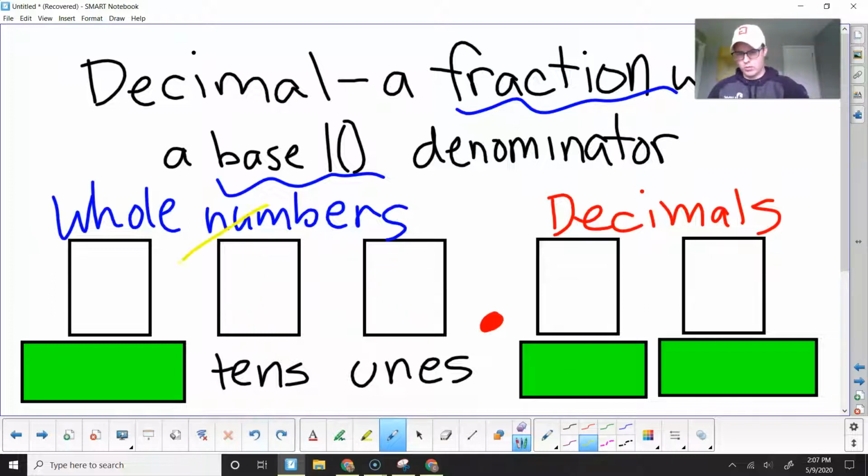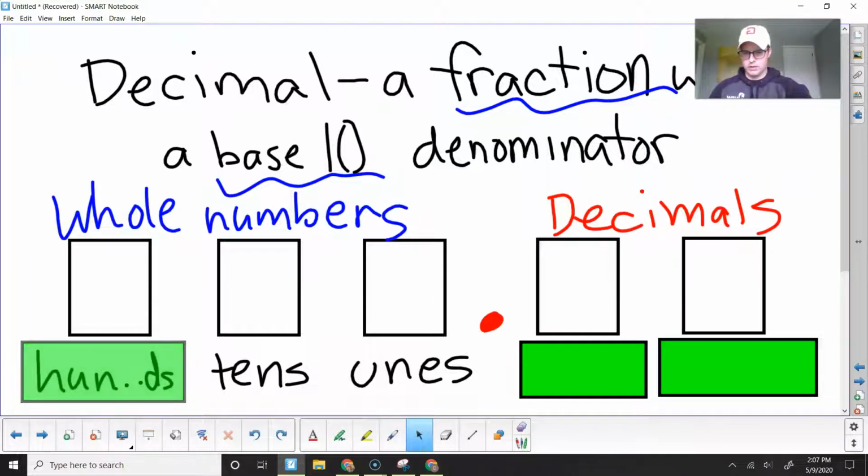And if you go one more place value over, now you're at the hundreds. And you could keep going. What comes next? Thousands. After that, 10,000s. Then 100,000s. And then after 100,000s, you've got your millions.